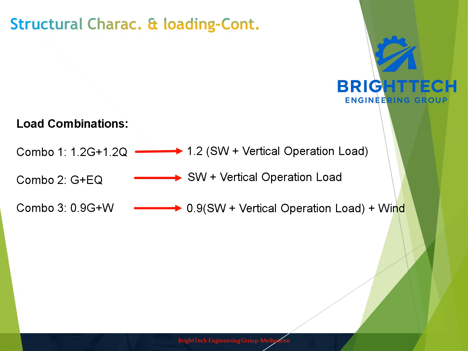Combination 2 is G, gravitational load, plus earthquake. So self-weight plus vertical operational load plus earthquake. And combination 3 is 0.9G plus W, 0.9 self-weight, vertical operational load plus wind.